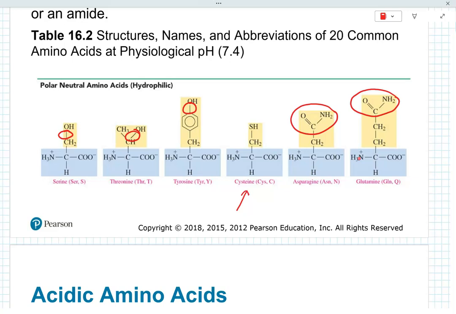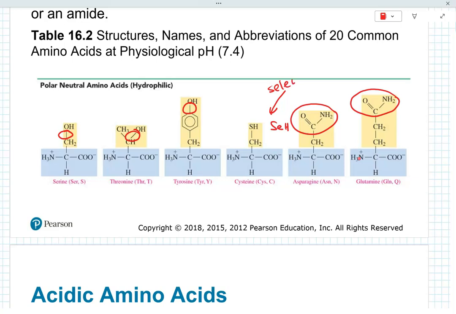Remember, I told you there is a 21st amino acid? Not for the exam, just FYI. So instead of SH, it's going to be selenium H at the end. Does it make sense?